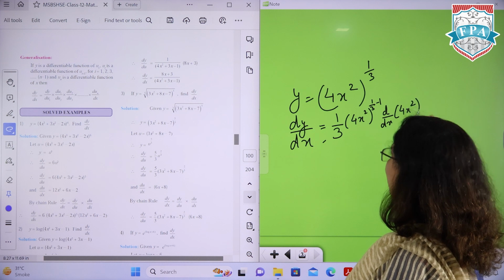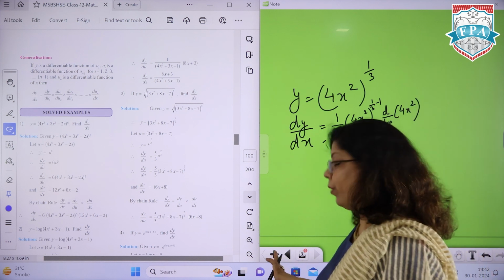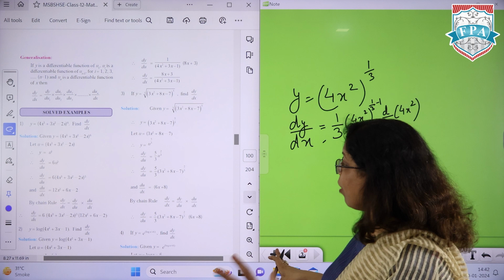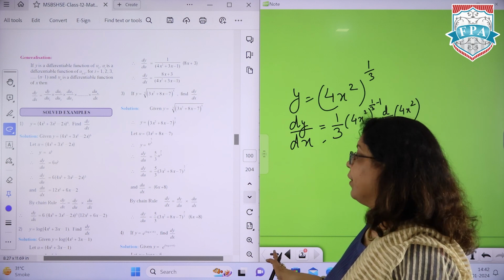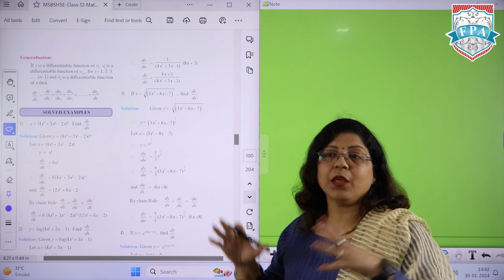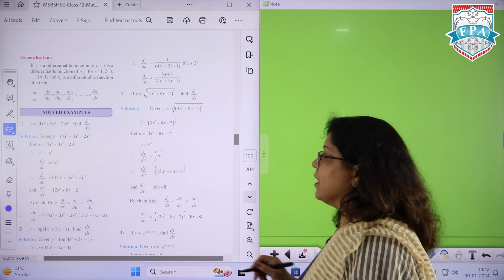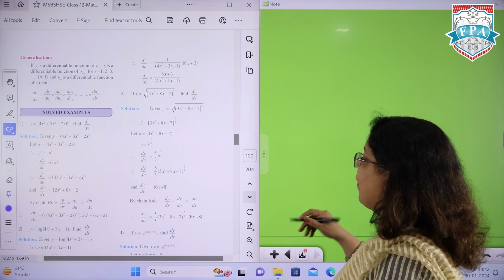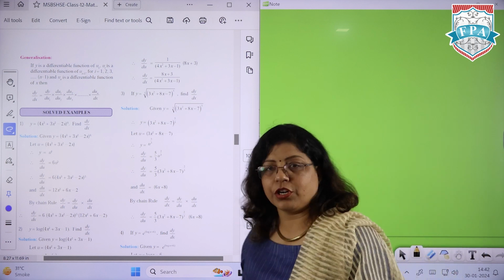This sort of rule is known as the chain rule, where we solve one part and then we differentiate the other one. The mathematics behind that is that we can express the function as some other function.